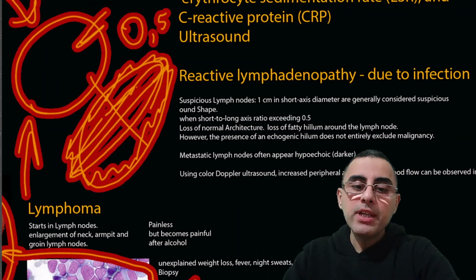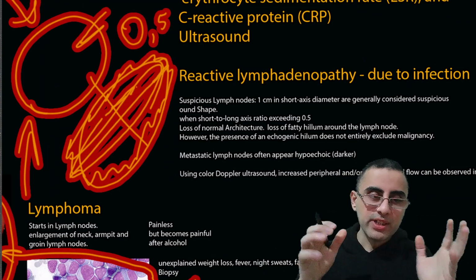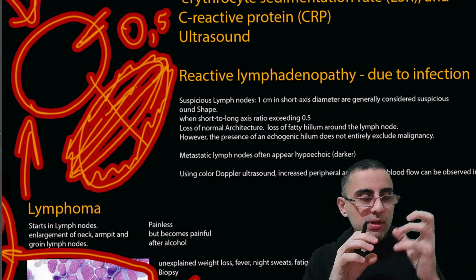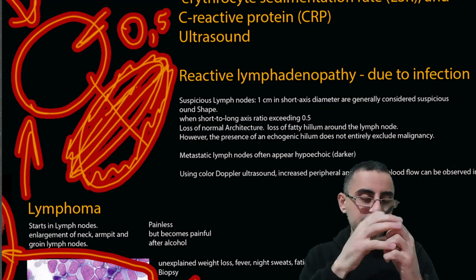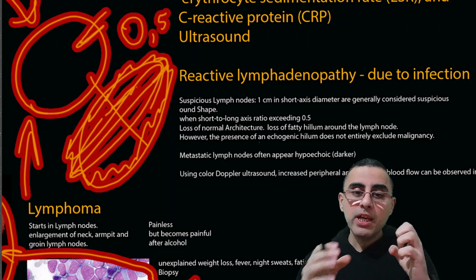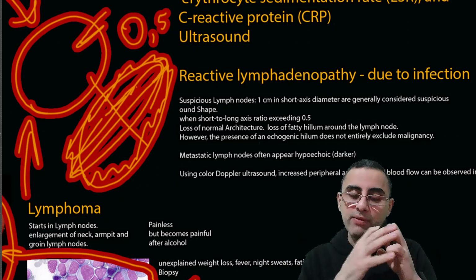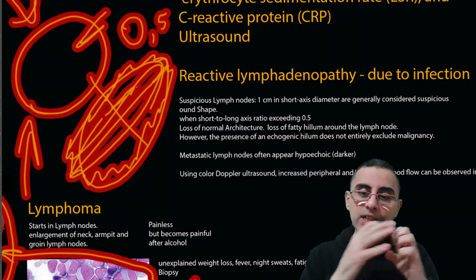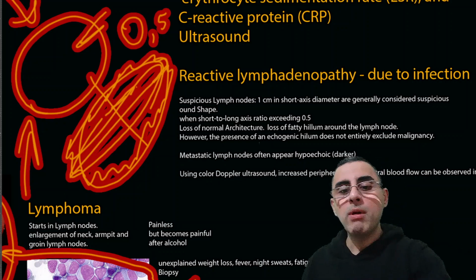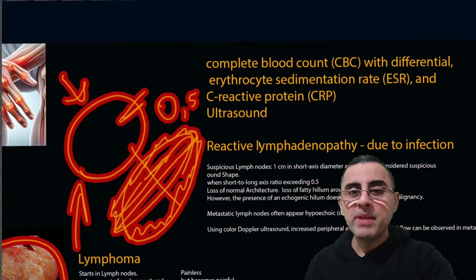And if in Doppler ultrasound, when you check blood flow in the lymph nodes, there are active blood vessels and increased blood flow, it can also be a sign of metastasis.